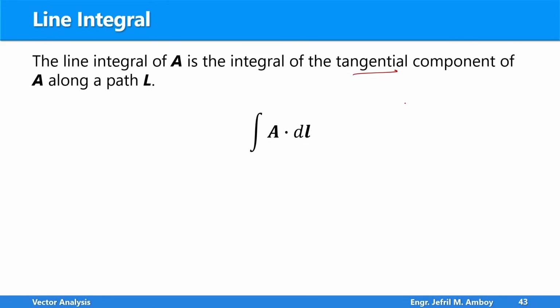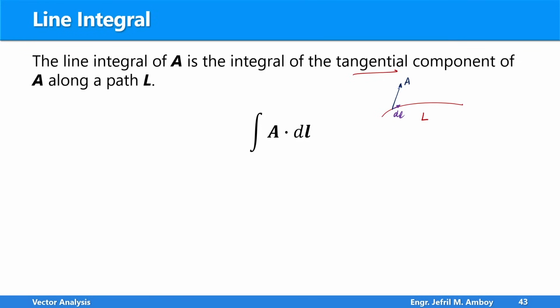Okay, so for example, we have here a curved path. This is the path L. Now, let us have an infinitely small portion of L which we label as dl. So this is our dl. Now let us have this vector A. For example, this is our vector A. We can always resolve a vector into two parts, the tangential component and the normal component.